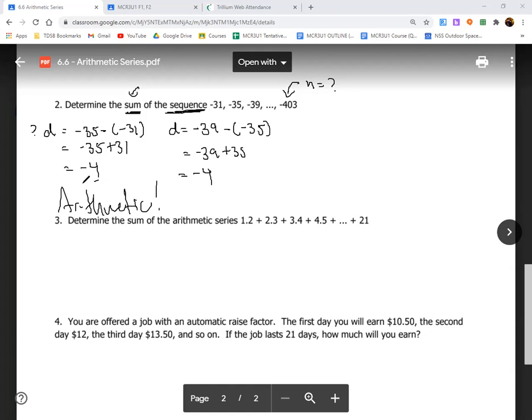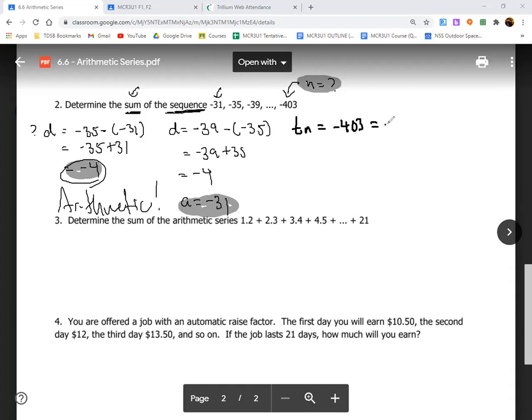So I know it's arithmetic, and I've identified d. Identifying d, the question also gives me the value of a. So I have two very valuable pieces of information, which I am going to use to finally figure out the n. Because again, if you don't have n, you're sort of screwed. Tn is equal to negative 403.